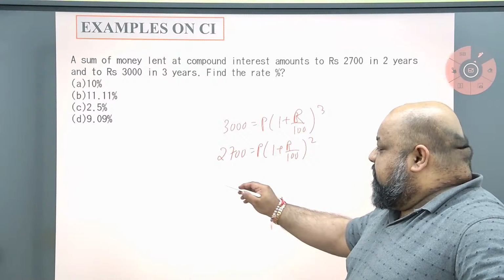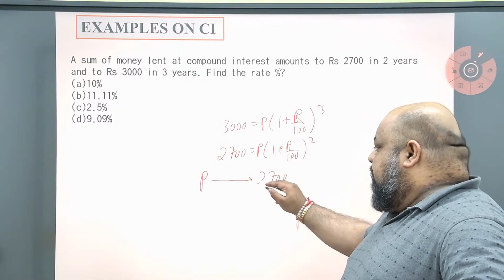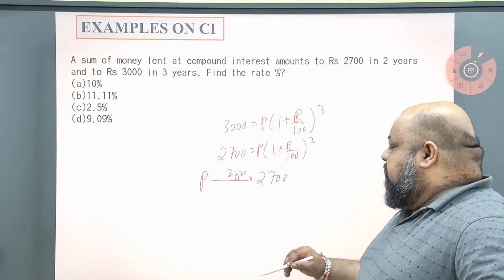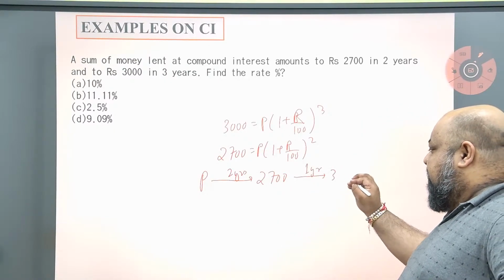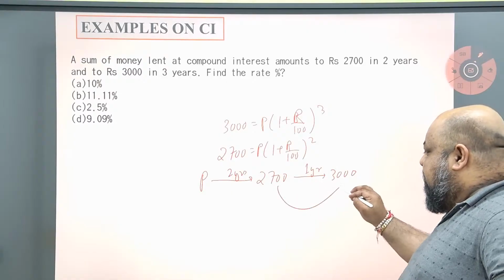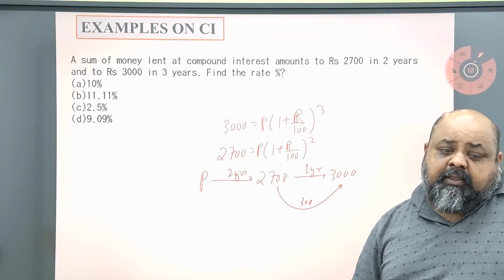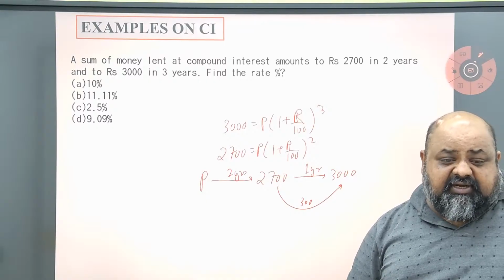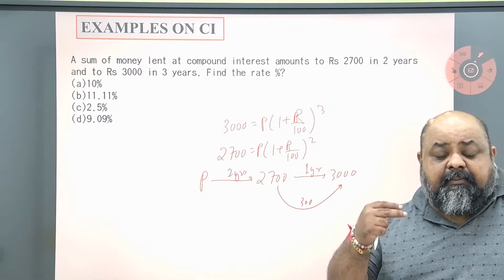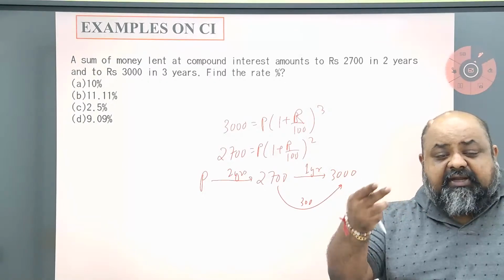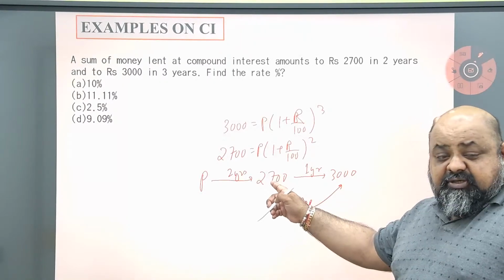But a better approach is, see, the principal is becoming 2700 in the first 2 years. Over the next 1 year, this 2700 becomes 3000. So 300 rupees are being added. Right? So 300 becomes the interest for the third year. And we know that interest for every year is R% of the amount at the end of the previous year. So interest for the third year will be nothing but R% of this.